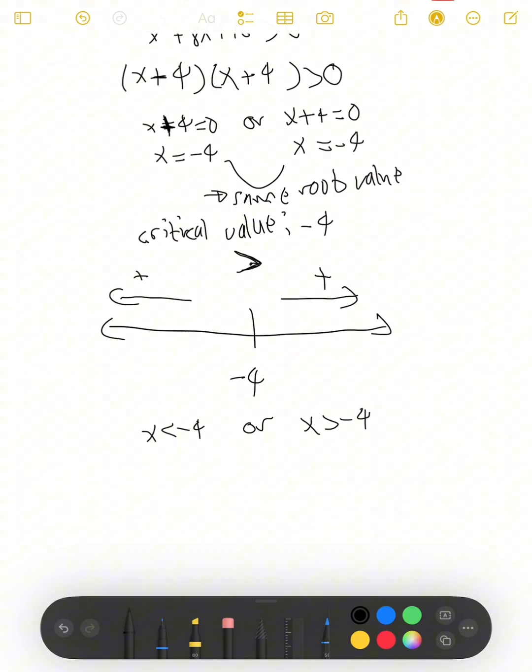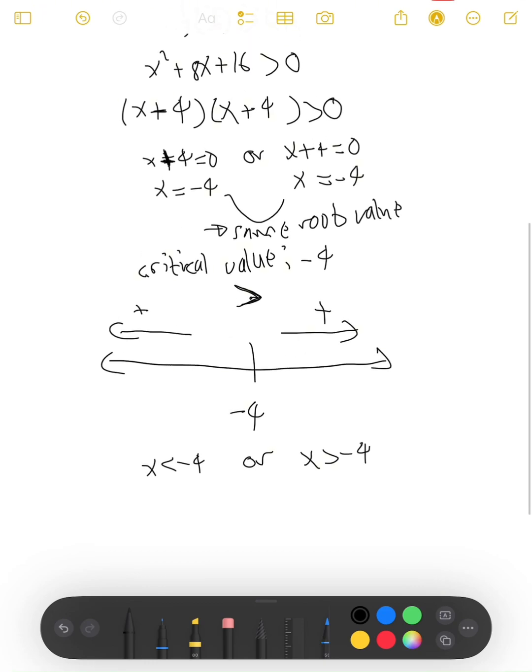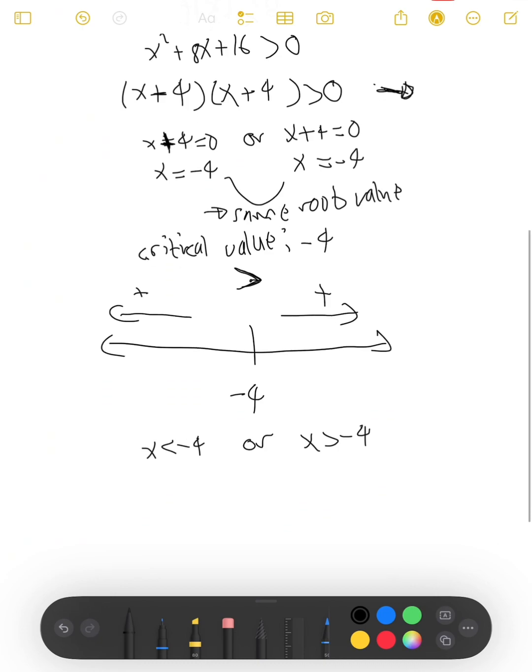Yeah, so you can verify this in your calculator. Take that very same equation, substitute x values that are less than negative 4, and see if the whole equation does become anything greater than 0. Basically, you must find any number from 0.1 all the way up, and then also substitute x greater than negative 4, see if you get anything greater than 0 for the whole equation.